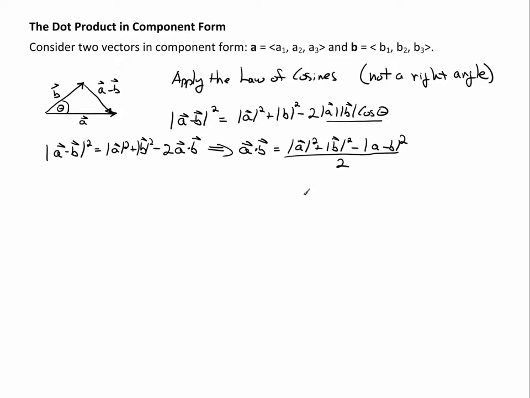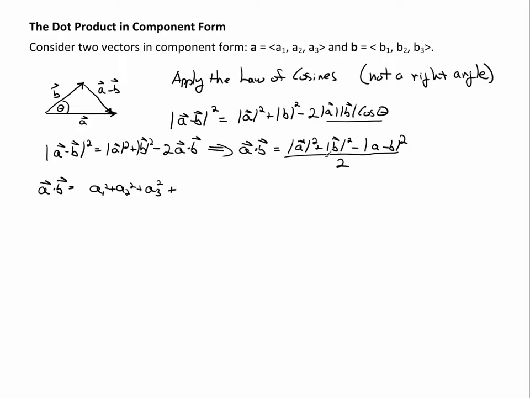I'm going to work in 3 space because my example here is A1, A2, A3. So A dot B is equal to, the magnitude of A squared is A1 squared plus A2 squared plus A3 squared. The magnitude of A would be the square root of this, but it's the magnitude of A squared, so the square root goes away.